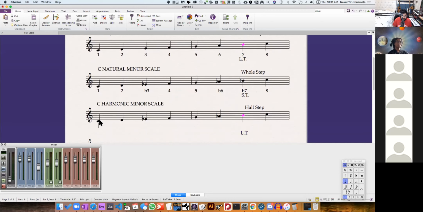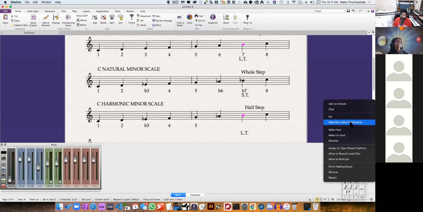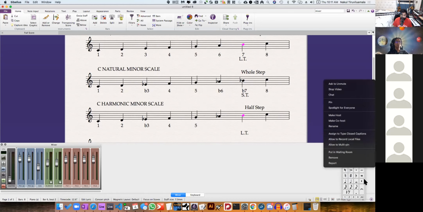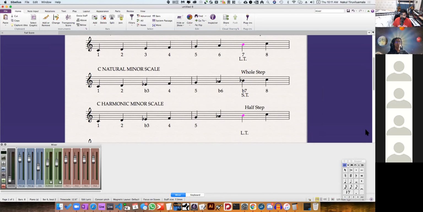So I'll do the same thing here. It's 1, 2, flat 3, 4, 5. What is this one? Is it 6 or is it flat 6? Anyone have an idea? Flat 6, exactly.